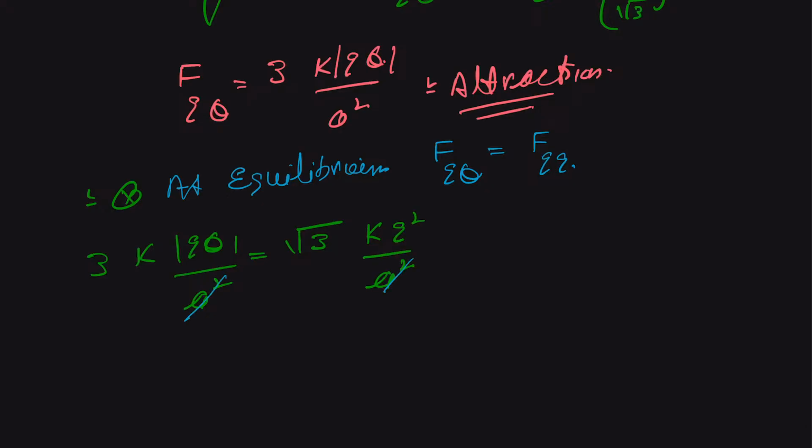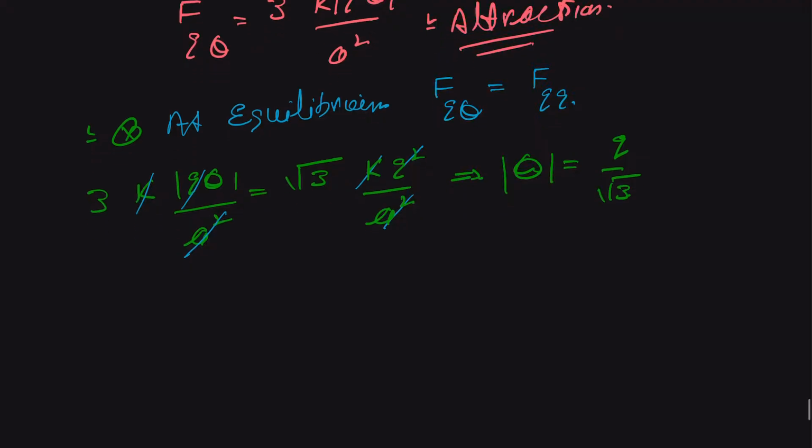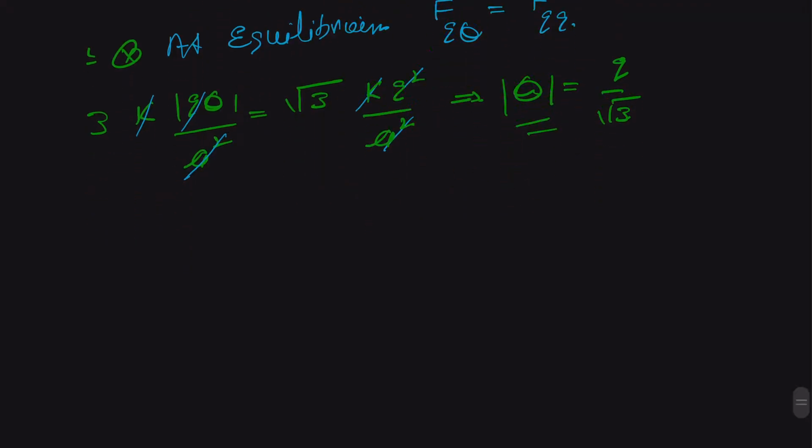So this A square, K, Q and Q cancel out. Therefore from here we get that Q is equal to Q upon square root of 3. And for attractive, this sign will be negative. Then it will be attractive. So we can say that Q will be equal to minus Q upon square root of 3.